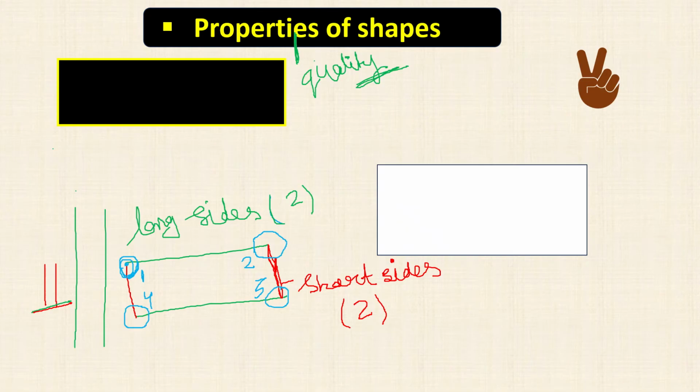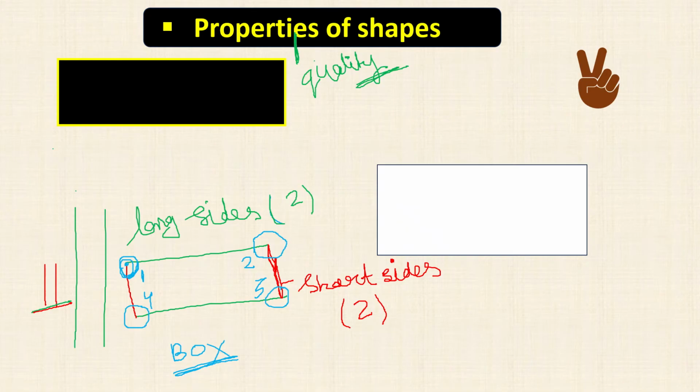it makes a fixed shape, which is known as a box. What do you call it? We call it a box. That's why the rectangle is known as a box shape.